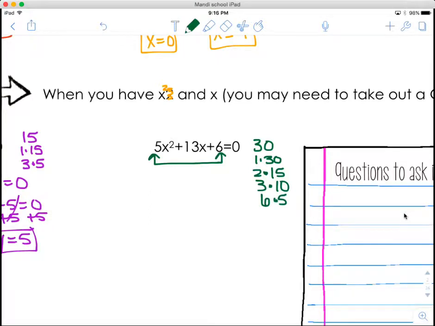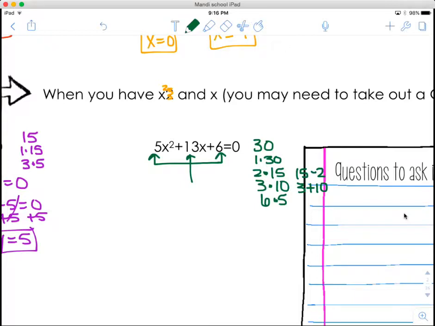Okay, now this is one of those special ones because 2 of them actually make 13. If we have 15 minus 2, we get 13. And if we have 3 plus 10, we get 13.